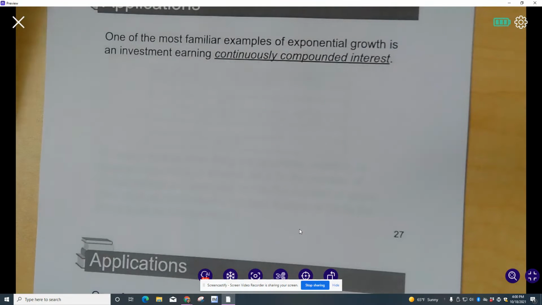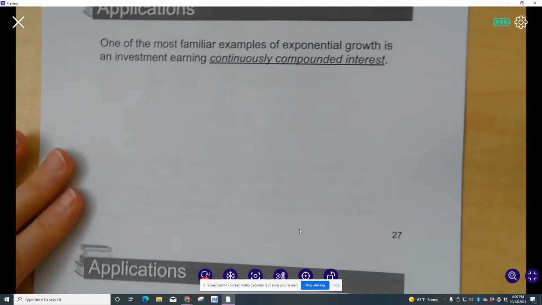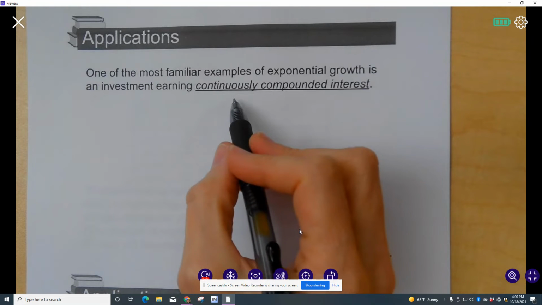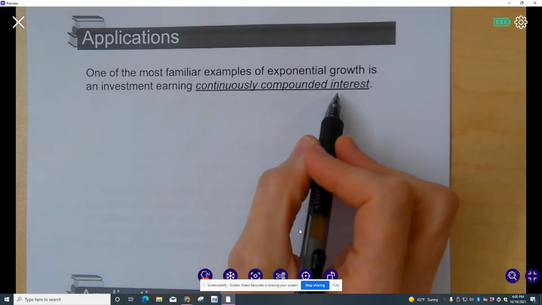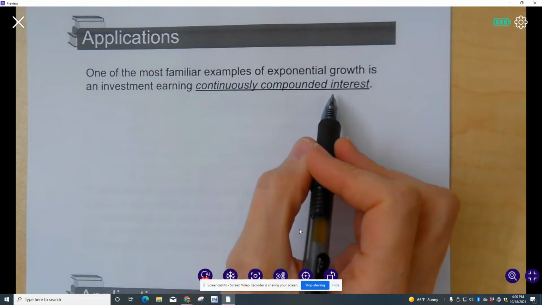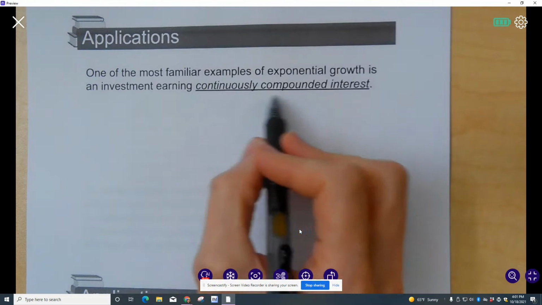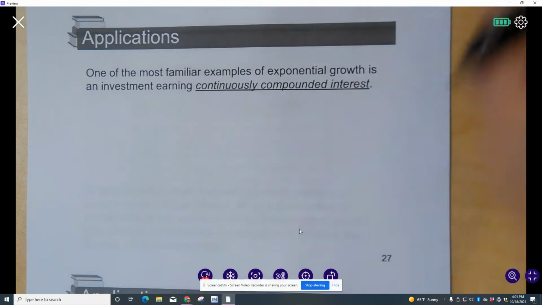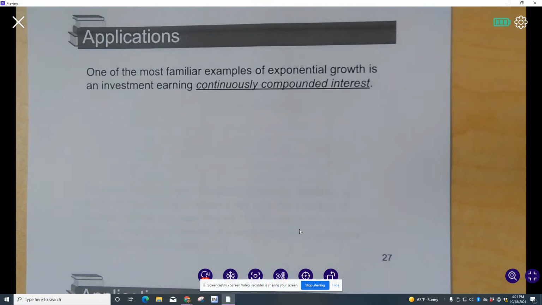So now where e to the x comes up the most, or e, I guess I should say, is when you're looking at interest problems where your money is in the bank and it's gaining interest and where it's compounded continuously. So that is where we're going to use e often.